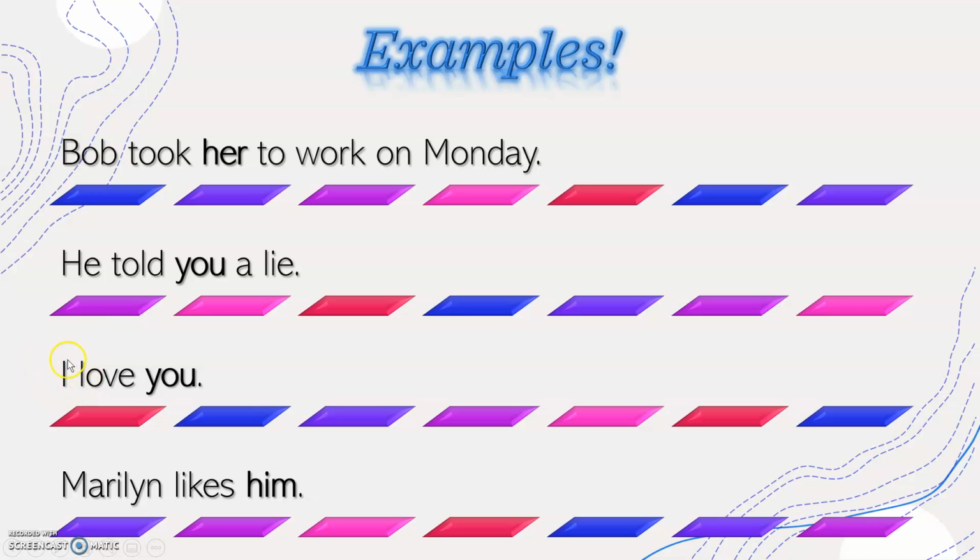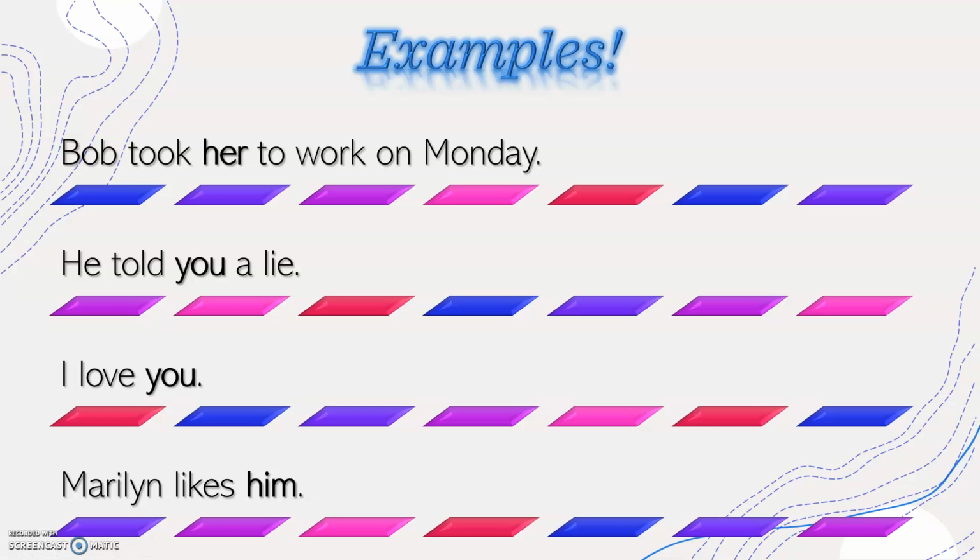So I, that's the action, I love, and you are the one that receives the action. Now the same case for this one, Marilyn likes him. In this case, let's say this him refers to Josue. Josue receives the action of Marilyn.